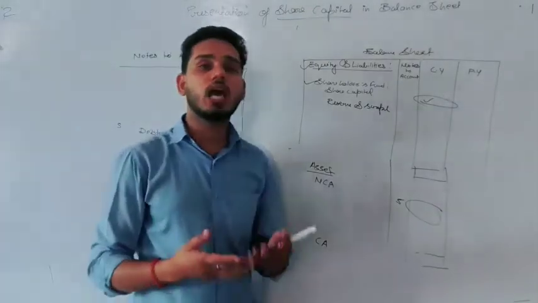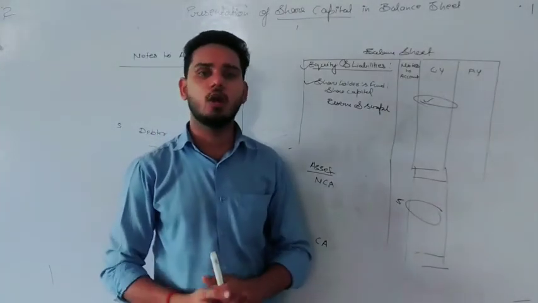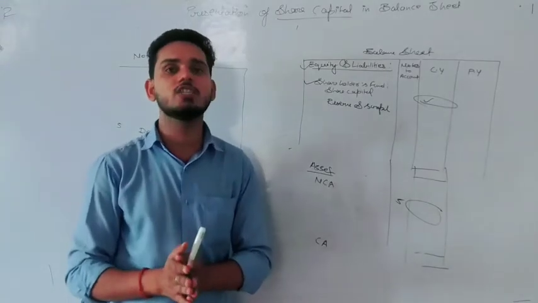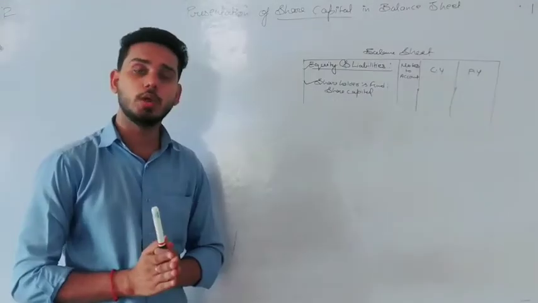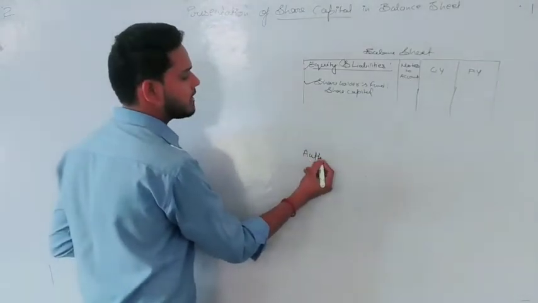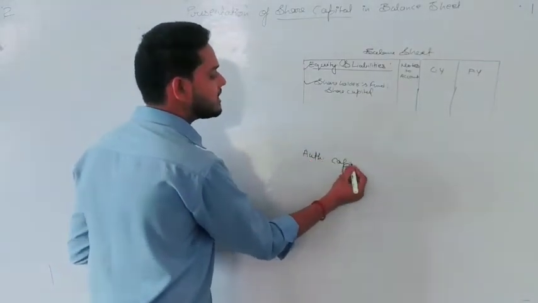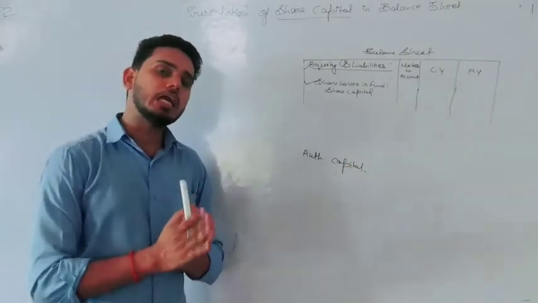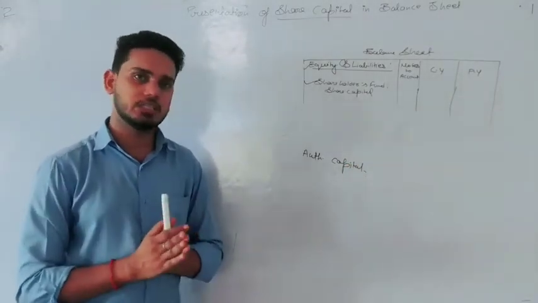There are some types, or you can say the kinds, of share capital. So firstly, let's understand what are the various kinds of share capital. The first type of share capital is the authorized capital. Authorized capital is that capital of a company with which the company gets itself registered.